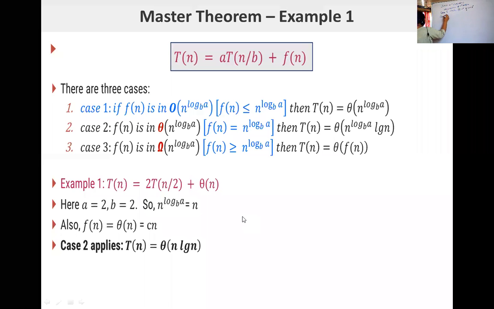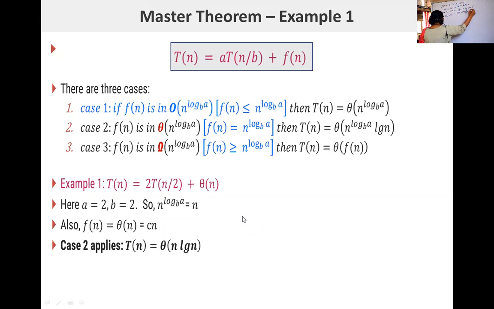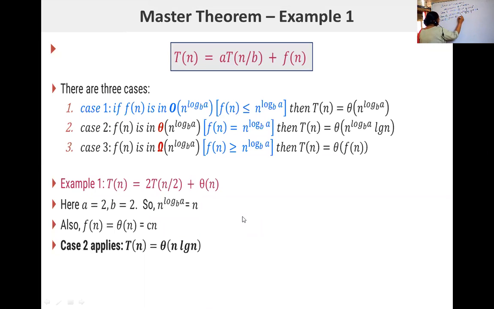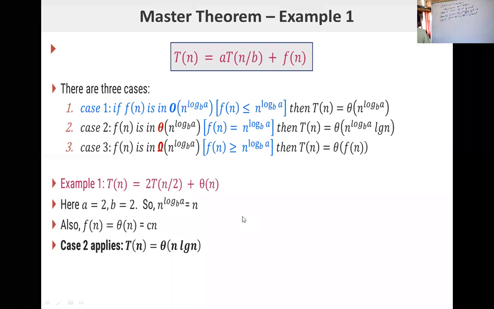Case 2: T(n) is equal to theta of n^d log n if a is equal to b raised to power d. Then case 3: we have T(n) is equal to theta of n raised to power log base b of a if a is greater than b raised to power d.